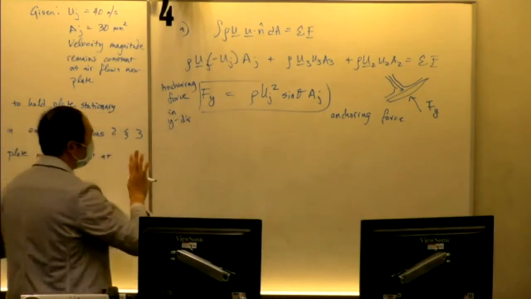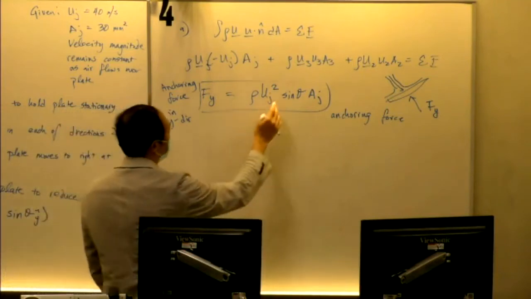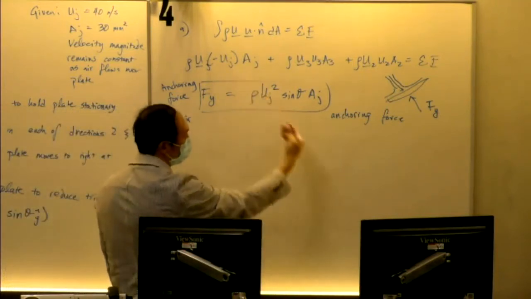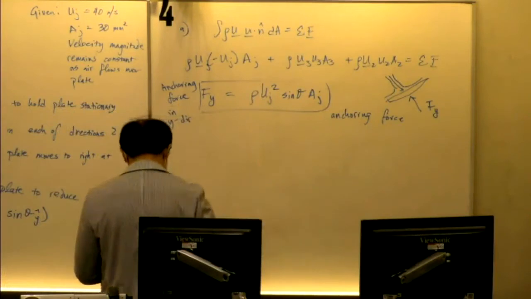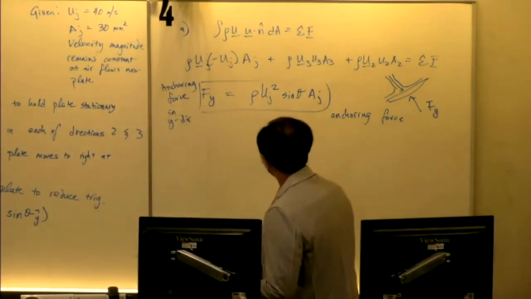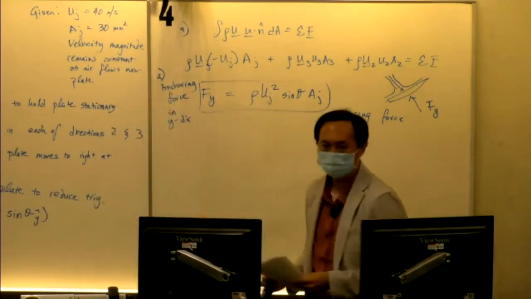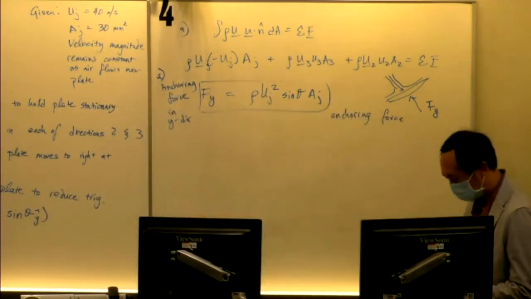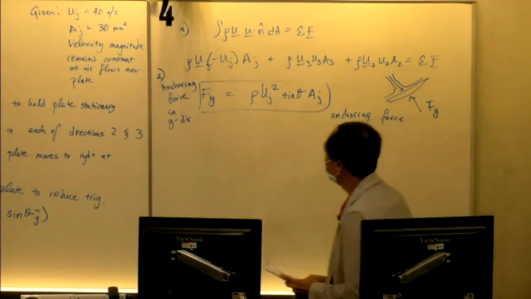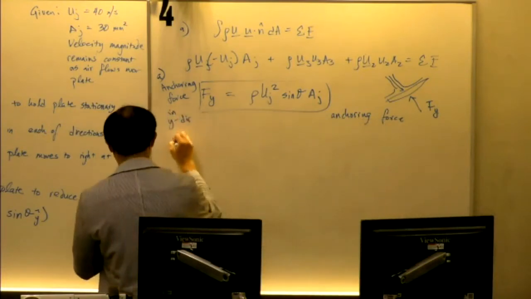The rest of the uj is pushing it to the right, but this is the only part that's actually pushing it in this direction. All right, so that's part A. You guys okay with part A? Okay. Now for part B, the fraction of mass flow.